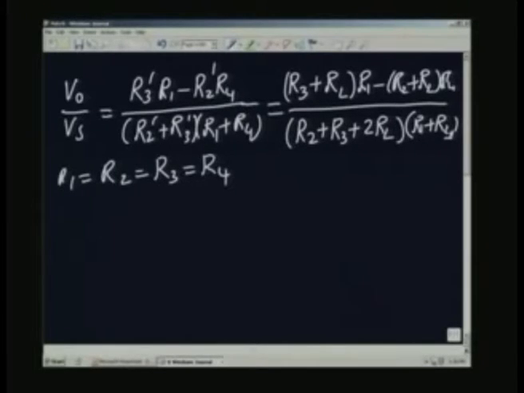Okay. Therefore, this R1 into R3, R4 into R2, they will cancel each other, and R1 into RL, this R2 into RL will also cancel each other under normal circumstance. Okay. That means that the balance is not going to be affected by the presence of the lead wire resistances.